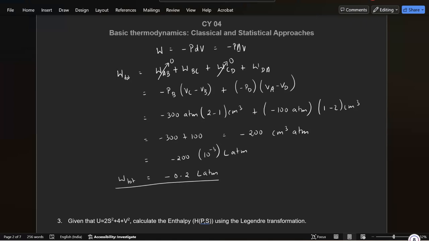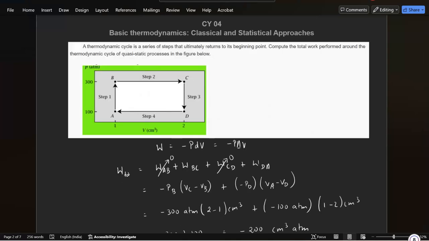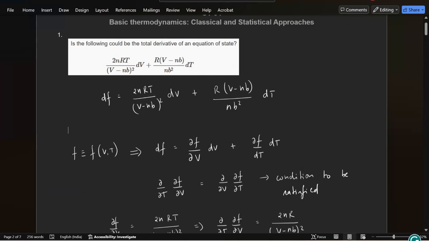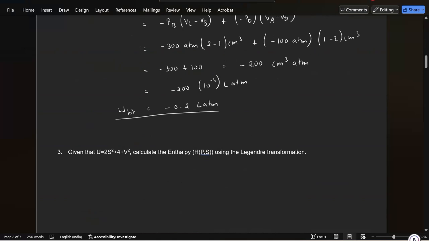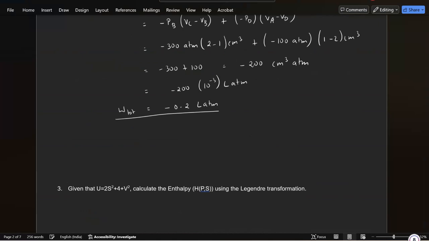Liter atmosphere to joules conversion. 1 liter atmosphere is equal to 101.3 joules.